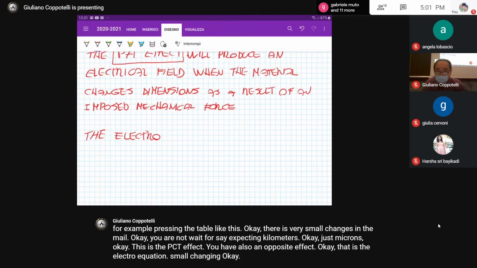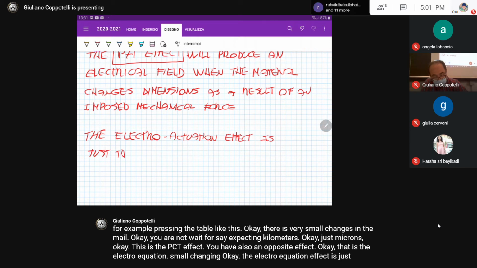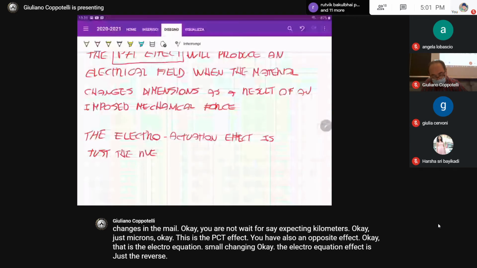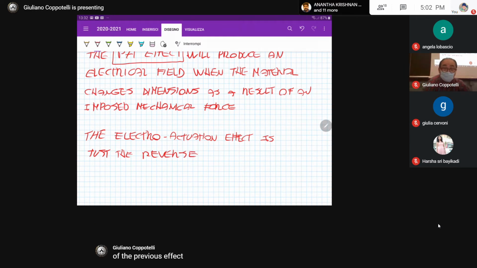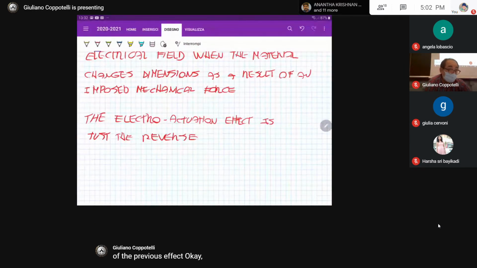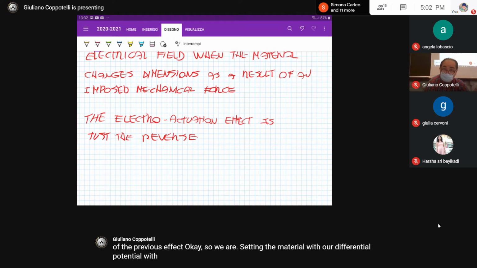The electroactuation effect is just the reverse of the previous effect. We are setting the material with a differential potential, with an electrical field somewhere.